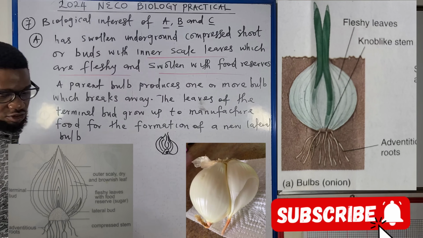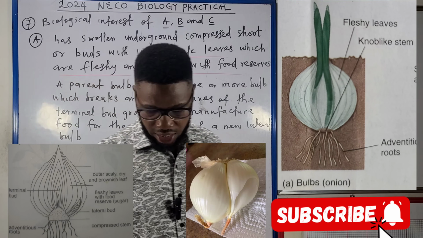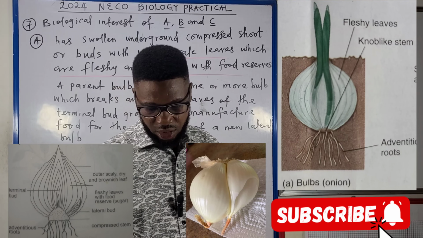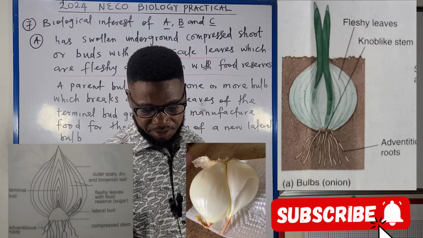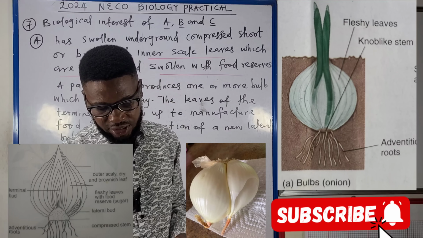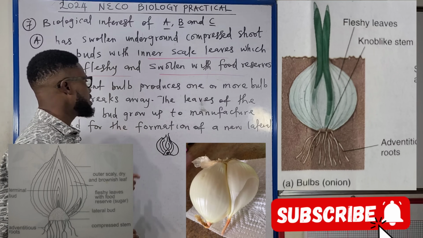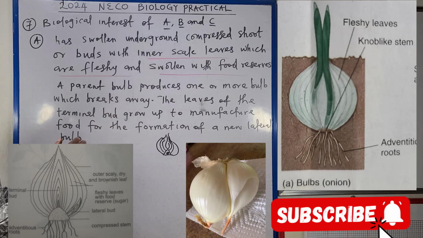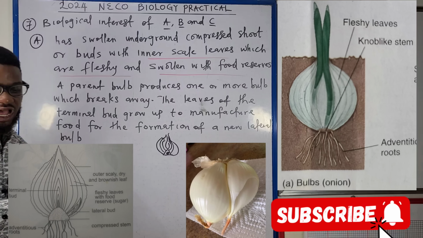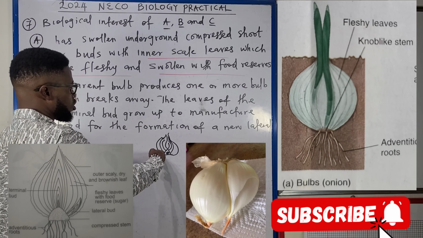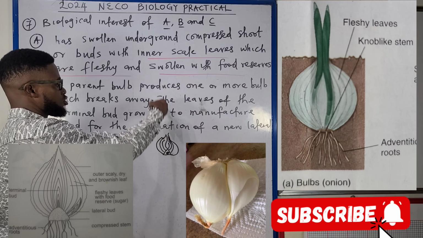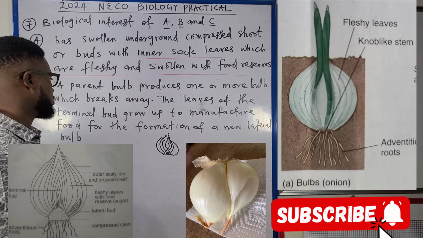Now you see in the diagram on your screen, the compressed knob-like stem. The leaves of the terminal bud grow up to manufacture food. That's the leaves of the terminal bud growing at the center, going upwards. It's also in the diagram on your screen.